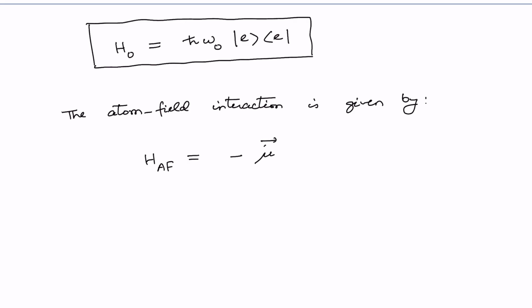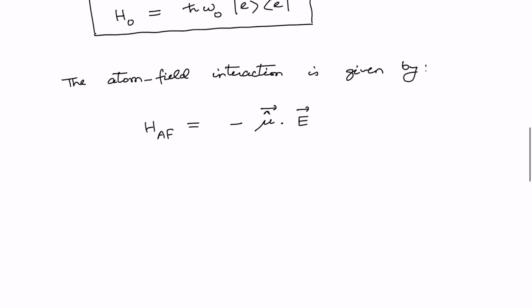Now the dipole moment is a quantum mechanical object because it is associated with the atom, so I am writing this operator sign here, and the electric field of the light field, I am writing it as E, which is basically the classical field. That's the reason we are discussing quantum optics at this moment in the so-called semi-classical domain.